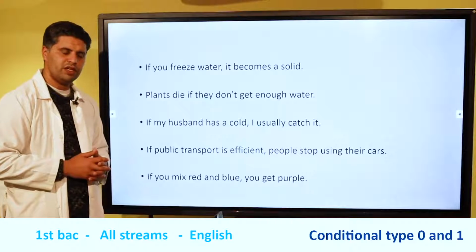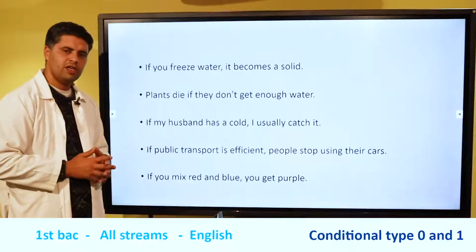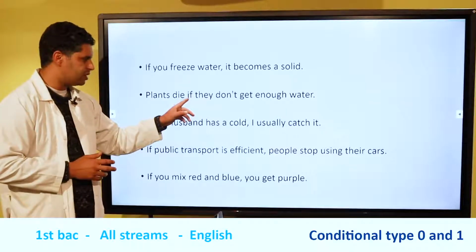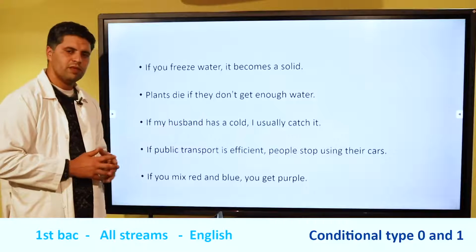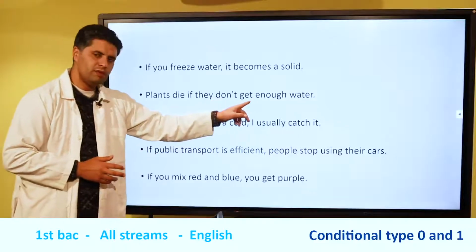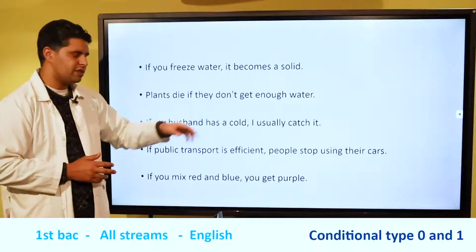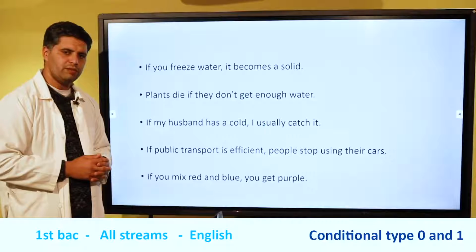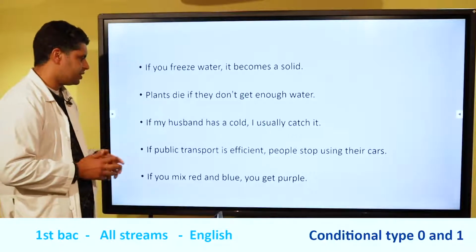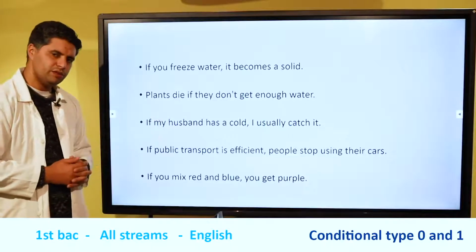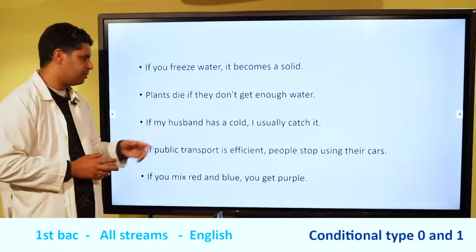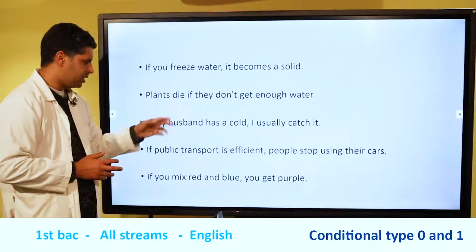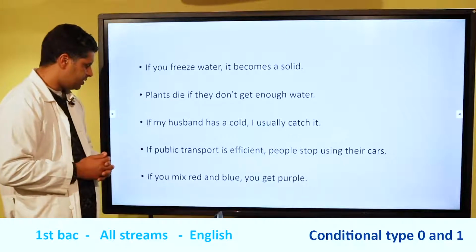It is the action of the if clause. So the if clause here comes second, as you can see: conjunction plus subject plus the present simple, but it is just the negative form of the present simple. And here we have the result, and this result is used with the present simple. Here we have the verb die. That's why we have used it in the present simple.